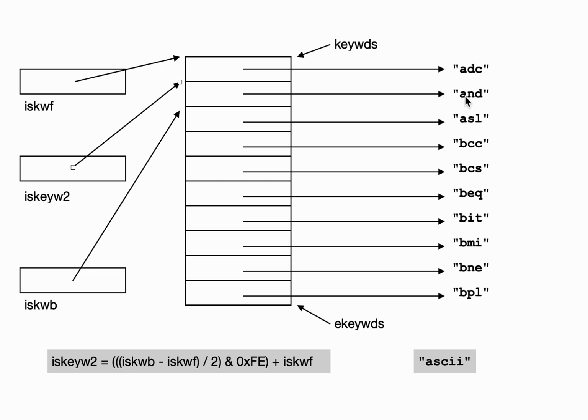We now compare AND and ASCII. And we say, aha, AND is before ASCII alphabetically because it starts with AND, whereas ASCII starts with AS. Okay, so now we're going to move not this one, we're going to move this one. And what we're going to move it to is the thing after this here, right?